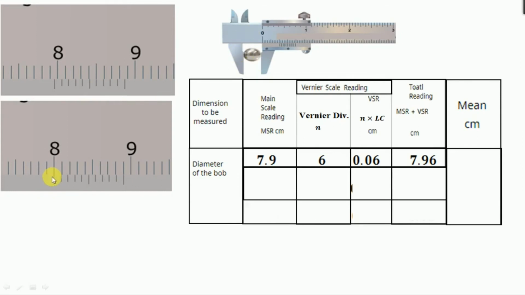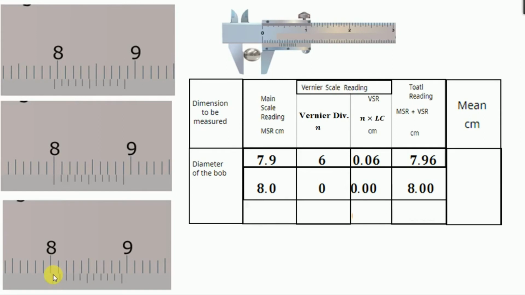Out here it is exactly coming to 8, so I have to take the vernier to be 0, and it is 8.0. In the third case, main scale is 8 and vernier is second, so 8 and 2. Out here it has not touched 8, that's why I have taken 7.9, but here it has exactly touched 8, so I'm taking it to be 8.